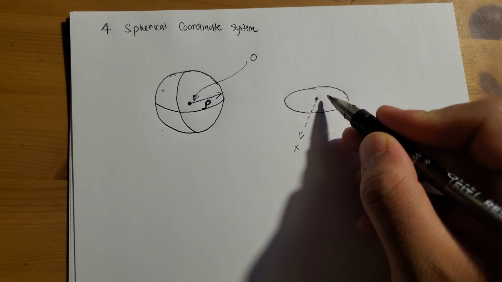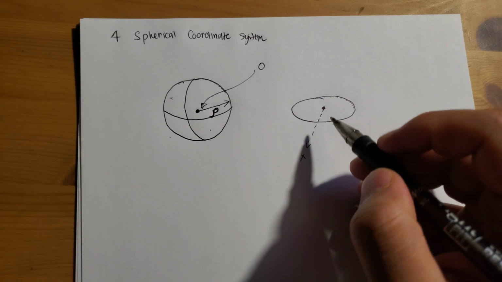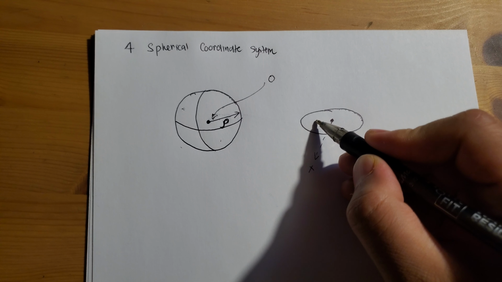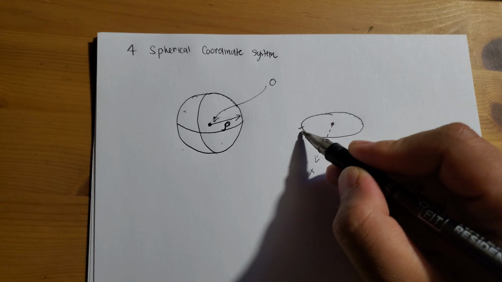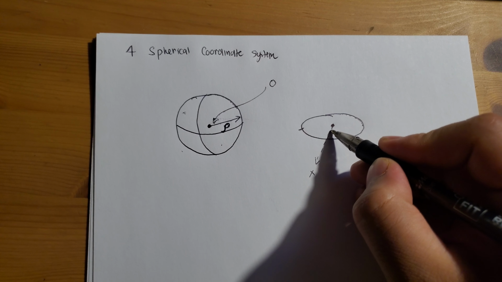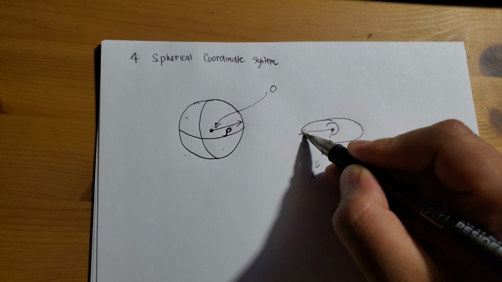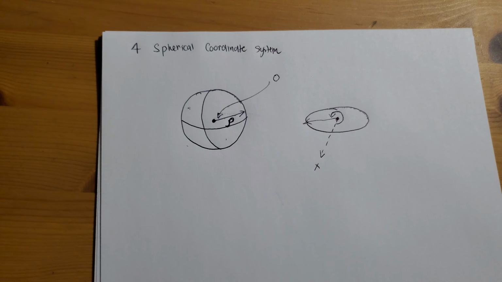Now from this x-axis, if we want to get to this point over here, we would have to rotate all the way around until we are facing that point.